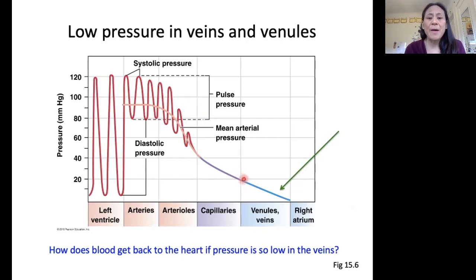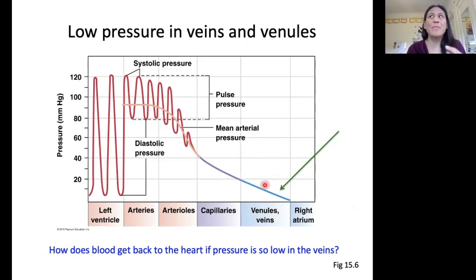Okay, so that by the time we get to the veins and the venules, we have a very low blood pressure. And that sort of poses us with this problem right here, which is how do we get blood back to the heart if we have no driving pressure to drive that blood back to the heart, right?